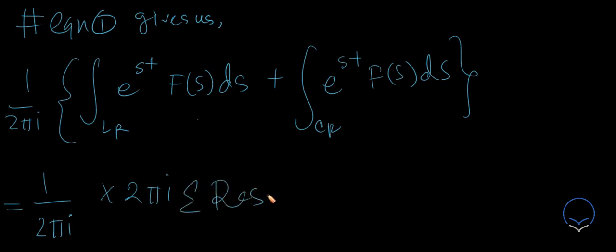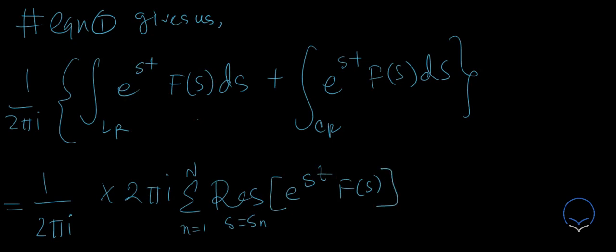This is the summation over the residues. And if you want to be more formal, you can write it as n equals 1 to capital N. That means there is a finite number of singular points, and all the singular points are denoted with s equals s_n, like this.